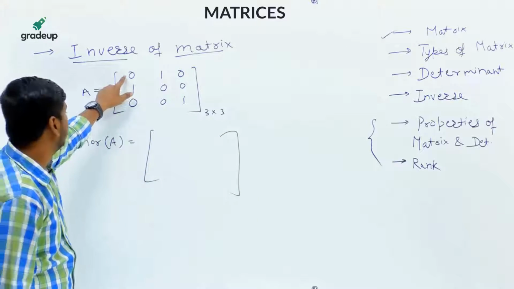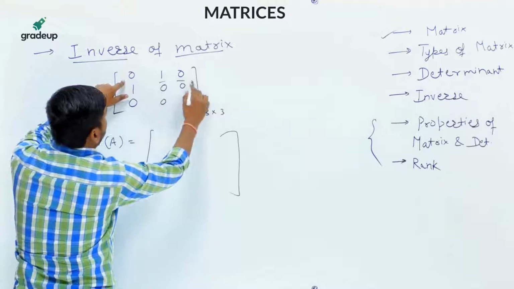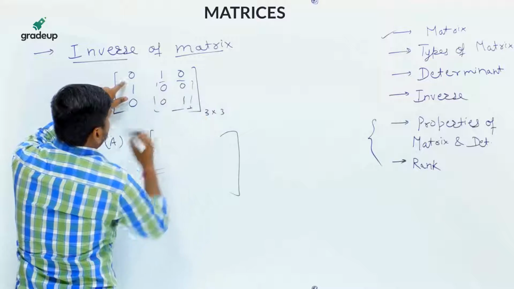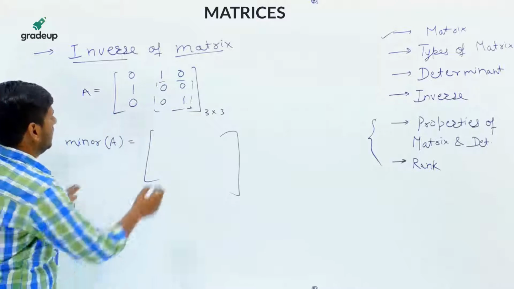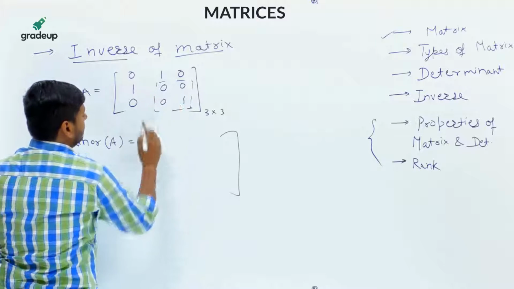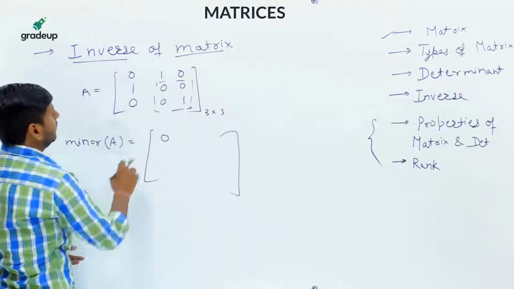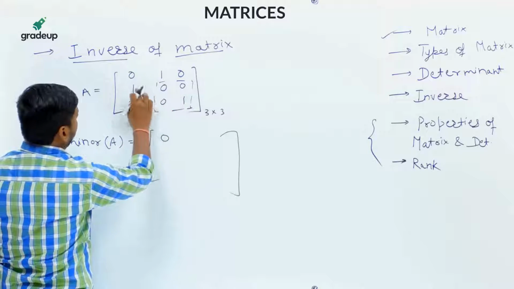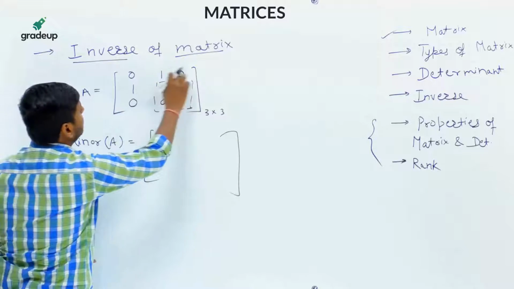For the minor of element A11, we get this matrix. Now to determine the determinant of this matrix, we know how to do it: 0 minus 0, so we get 0 here. For the A12 element, we determine the determinant of the matrix 1 0 0 1, because we remove this row and this column.